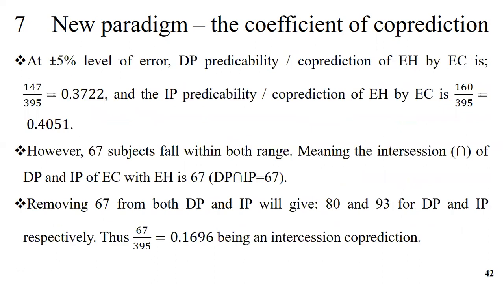At the level of plus or minus 5% error, predictability of EH by EC is 0.3722, and taking the inverse equation, it will give 0.4051. However, the 7 subjects probably within both range. The intersection is 0.1696.